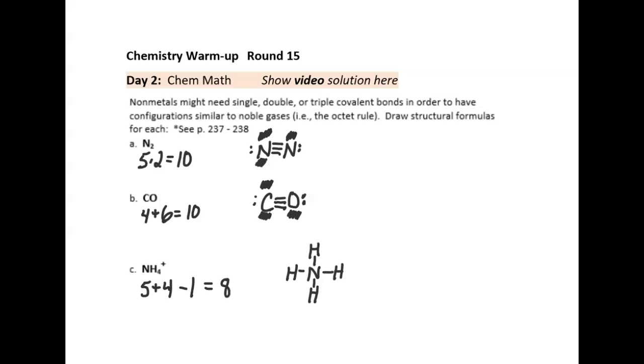Remember that all of your hydrogens need to end up with 2 electrons by them, so the most you can ever put by a capital H is a single dash line. And the nitrogen ended up with 8 electrons around it. Remember that this did have a positive charge in the corner, so it's typical to draw brackets around the entire structure so that in the upper corner you can indicate that the entire thing ends up with a positive charge.